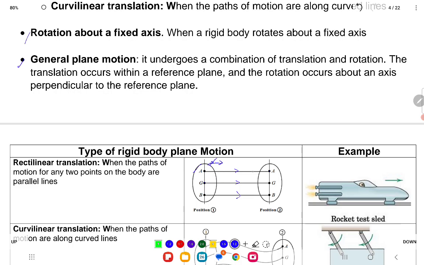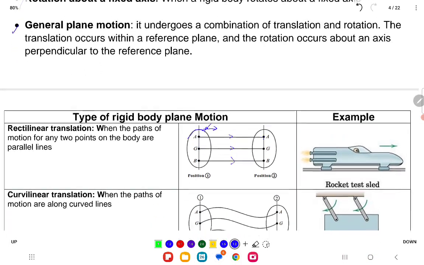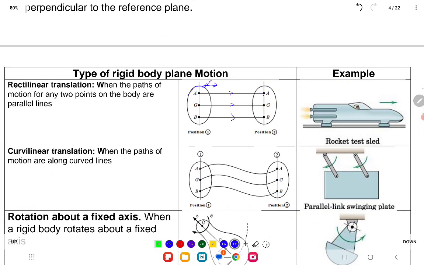The motion doesn't have to be in a straight line. It can be curvilinear. Again you have 3 points on the body. Of course, all the points, I'm just giving an example. If we trace the 3 points when this body moves, curvilinear translation happens from point A to the new point A after it moved this distance, and you find all of the lines are parallel to each other.